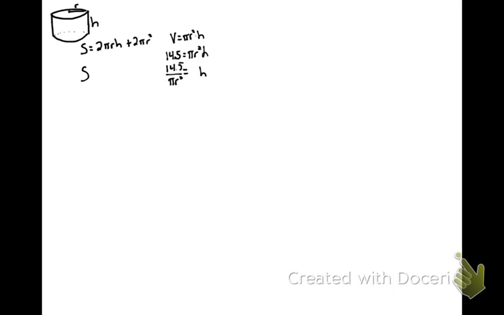Which means our surface area, when we substitute that in, will be 2 pi r times 14.5 over pi r squared plus 2 pi r squared. And simplifying, we will get 29 over r plus 2 pi r squared. So we have the surface area in terms of the radius.